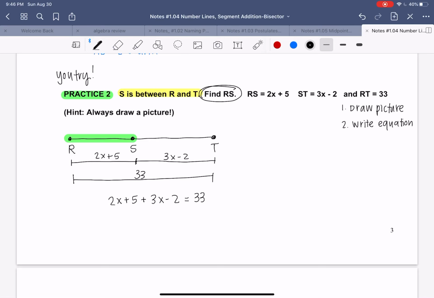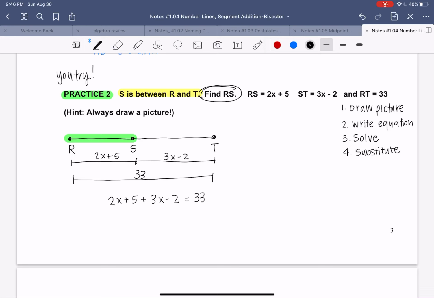Okay, step 3 is you're going to solve for x. Okay, so once you solve for x, you're going to get 1x by itself. And then step 4 is you're going to substitute.